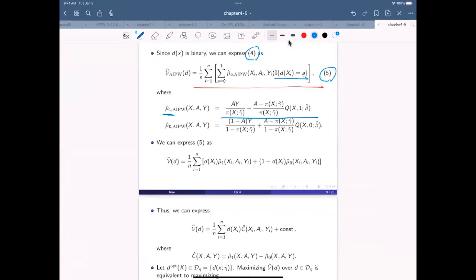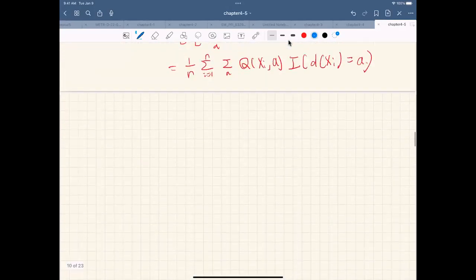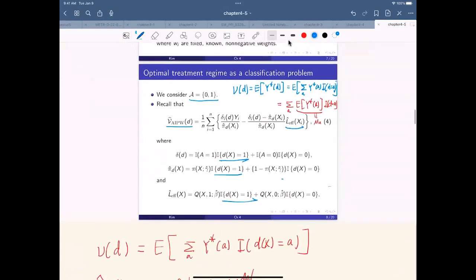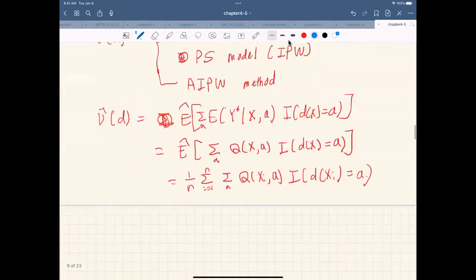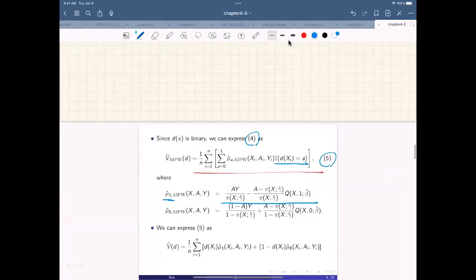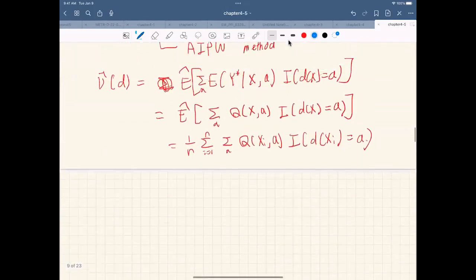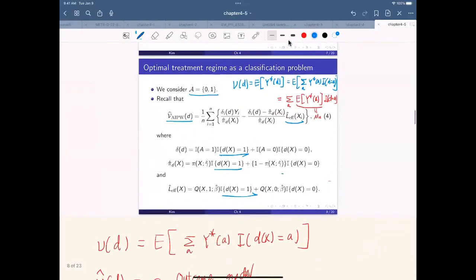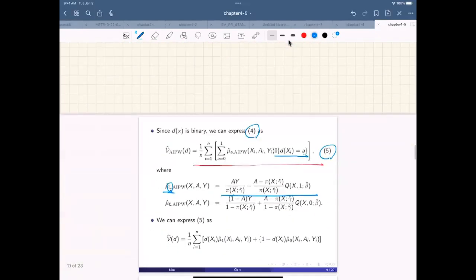The same way, now we're going to write it as A equal 1, right? A equal 1, we have this one. A equals 0, I'm sorry, not A equals 0, I mean DX equal to 0, right?